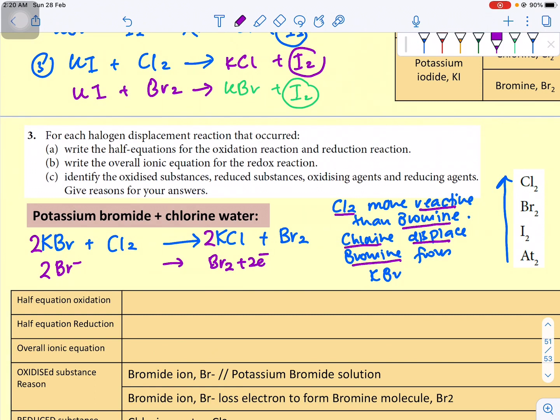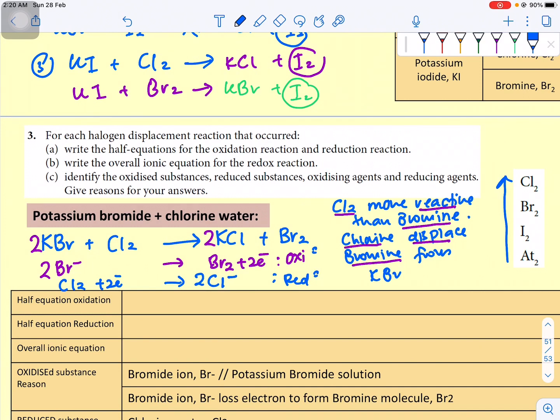So inilah dia berlakunya oxidation. Okay, and then reduction. Another one yang ada perubahan adalah chlorine turns to chloride, put 2 plus 2e. So what happen? Chlorine gain electron dalam prinsip redox. Bila gain, ini adalah reduction.